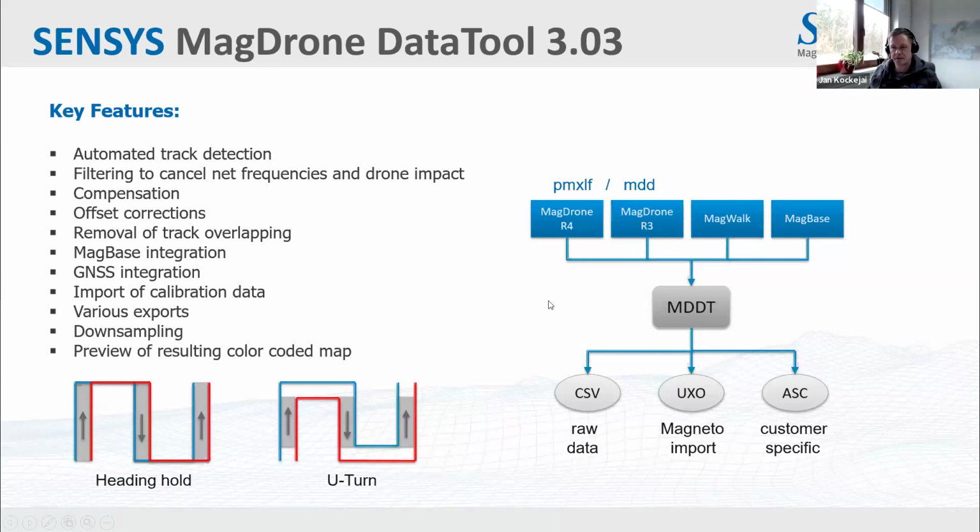Yes, and now to the key features of the MacDrone data tool. I will show it in detail after that with the live data processing, but here a short overview. So it does track detection.